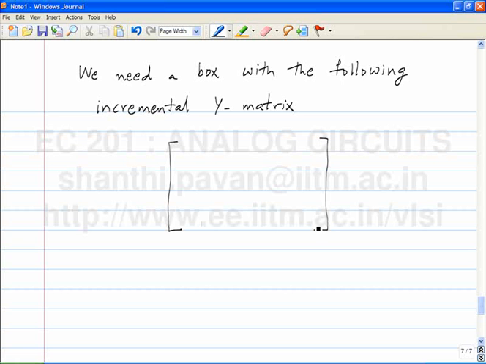Y11 should be 0. Very good. Y12 0. Y22 0 and Y21 as large as possible.